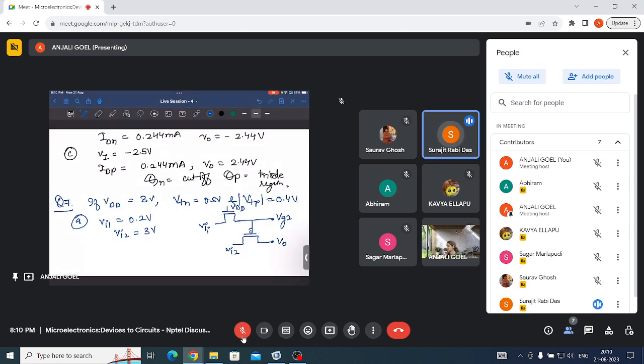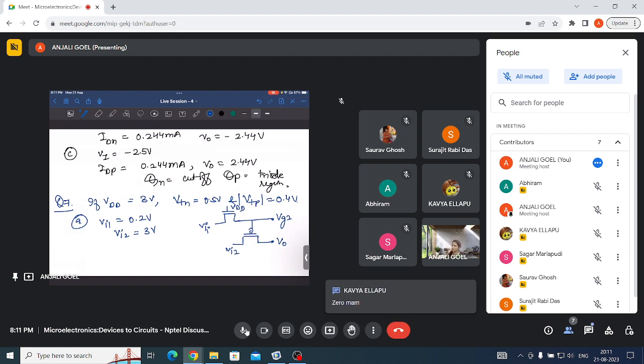V naught is 3.4 volt. No, no Kavya, it's not zero. VG2 is 0.2 volt, right?